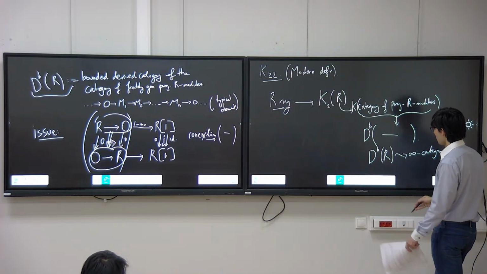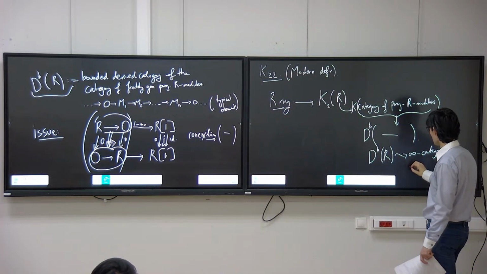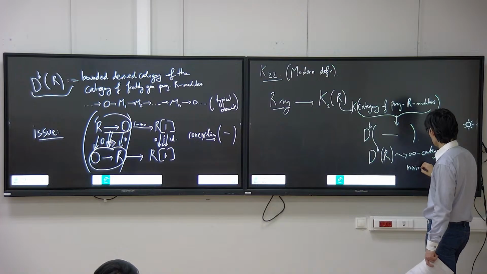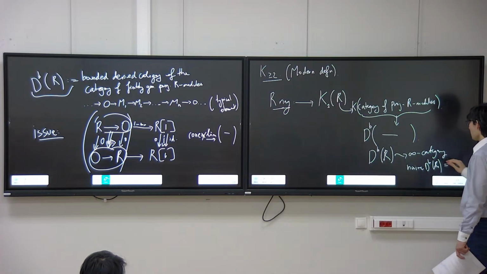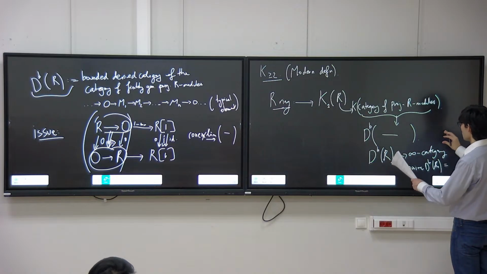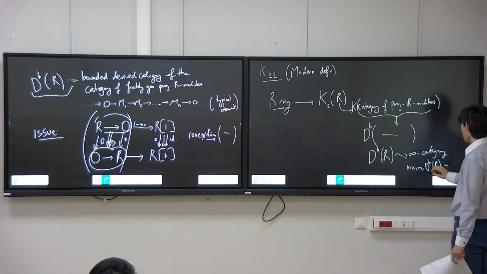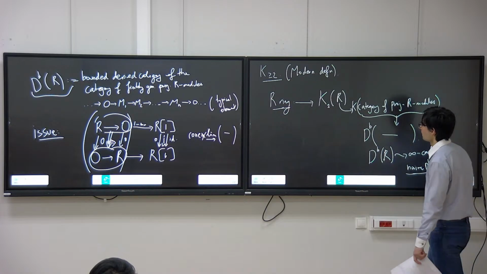And you can recover the usual naive DB of R as follows: for every infinity category, there's an associated usual underlying one category, and the underlying category is the naive thing here.